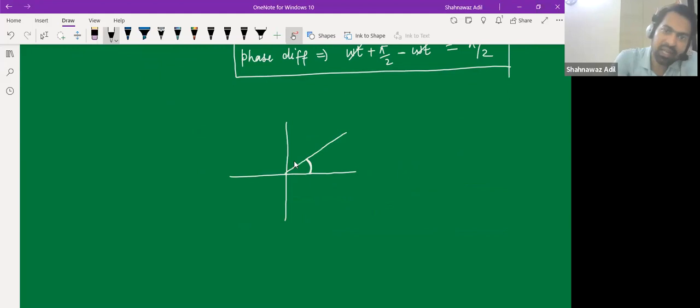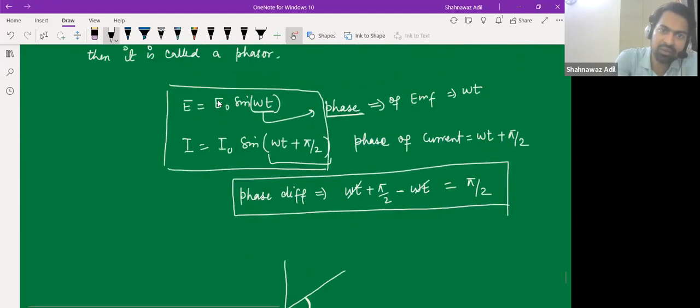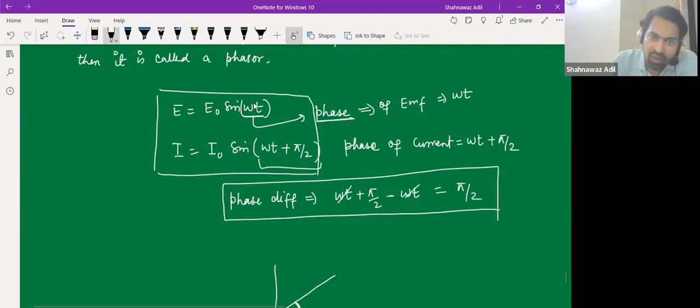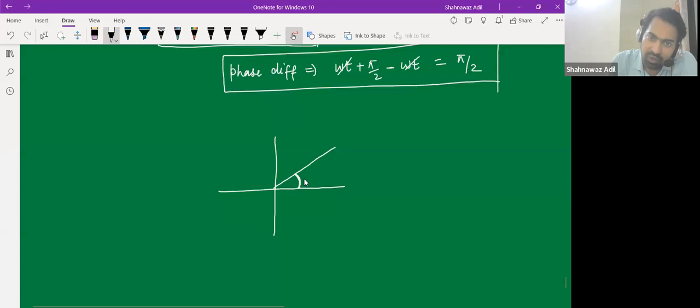So what is the angle of EMF? That is omega t. So this is represented by omega t, and this arrow will represent the instantaneous EMF, which is E.